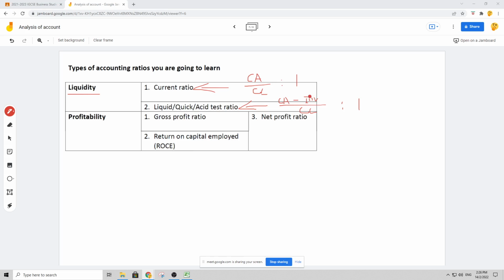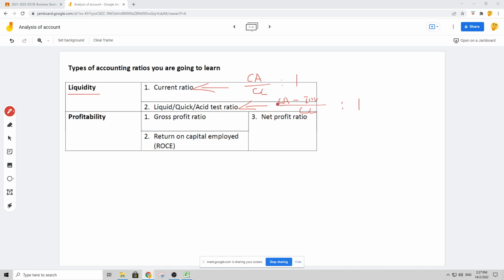So if you would like to avoid this bias or subjectivity, then you use your current asset minus the inventory, so you can get a rough idea. The remaining part of the current asset will be the liquid assets, and therefore by using that, when you're looking at the quick ratio, you will have a better picture to see liquidity in a firm.